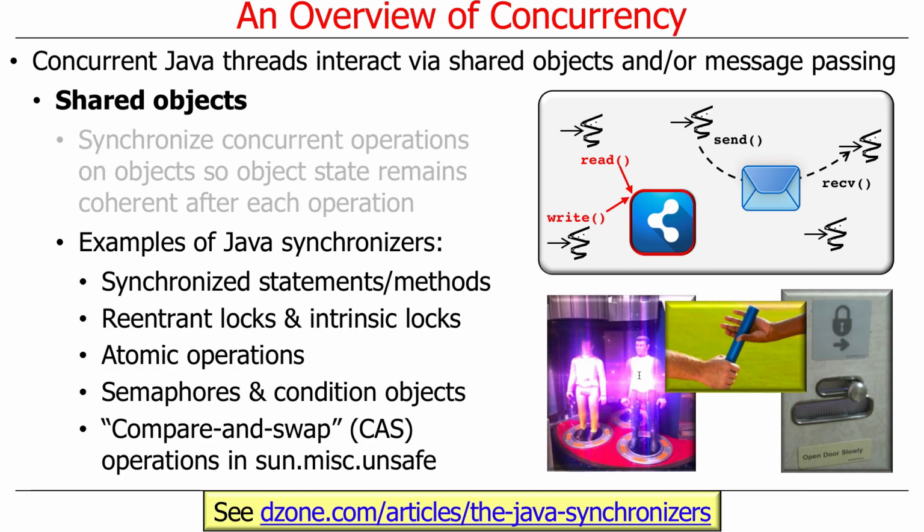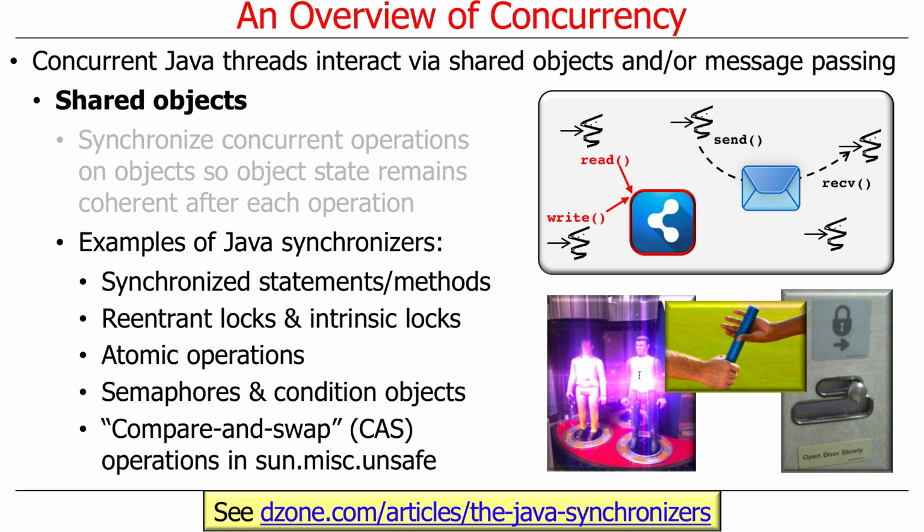Now, it turns out that there are a lot of different ways of doing this in Java. You've got the concept of synchronized statements, synchronized methods, you have reentrant locks, you have atomic operations, you have semaphores, you have condition objects, you have lower level mechanisms like compare and swap operations that are available kind of at the JVM and hardware level. So there's no end of things you can do to synchronize stuff.